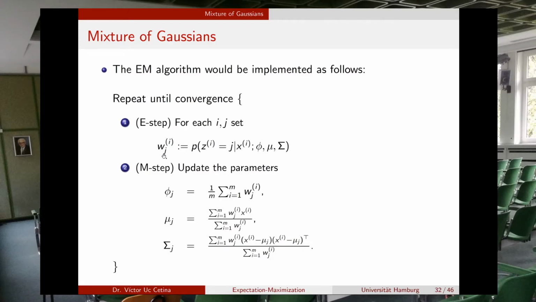So this is called a soft assignment because in k-means each of the points was assigned to only one of the clusters, only one centroid. In this case, each of the input vectors will be assigned to each of the clusters with some probability. Of course at some point the probability could be 0, but initially you will have some probability to belong to each of the clusters.